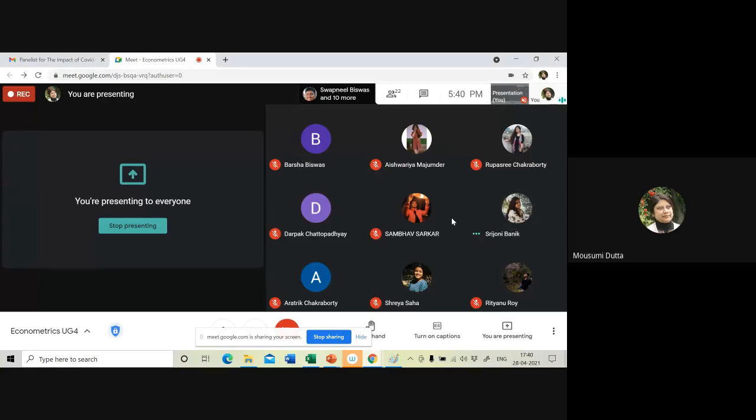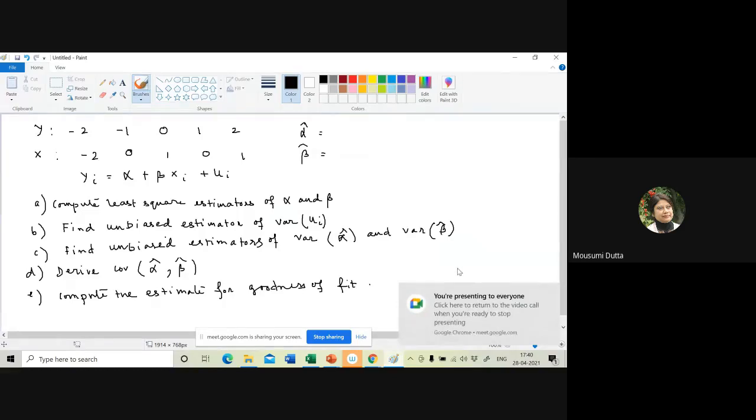Yes. So these are the formulas for alpha hat and beta hat. Alpha hat is y bar minus beta hat x bar, whereas beta hat is the summation of (xi minus x bar)(yi minus y bar) divided by the summation of (xi minus x bar) whole square.